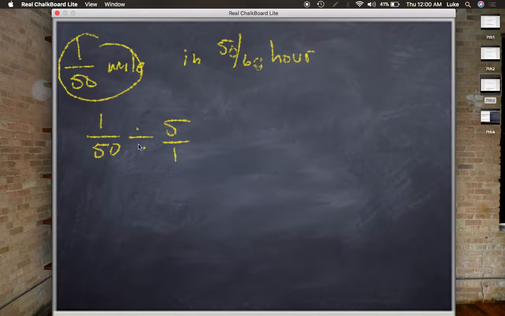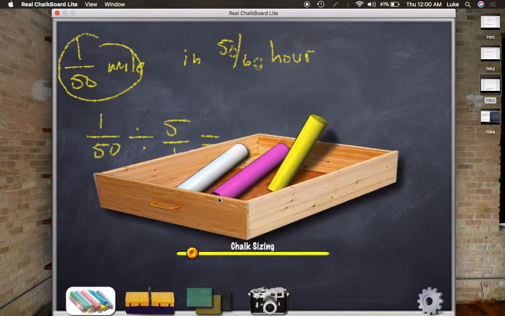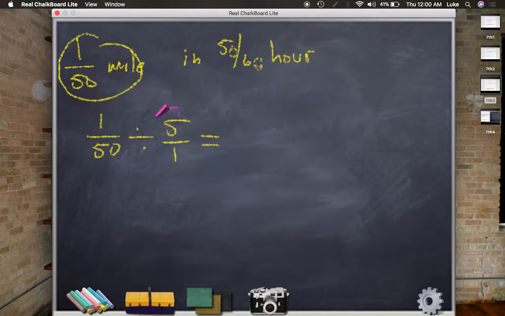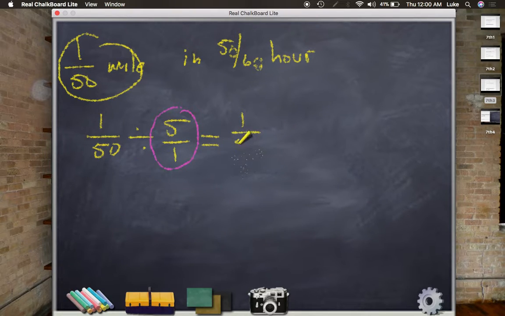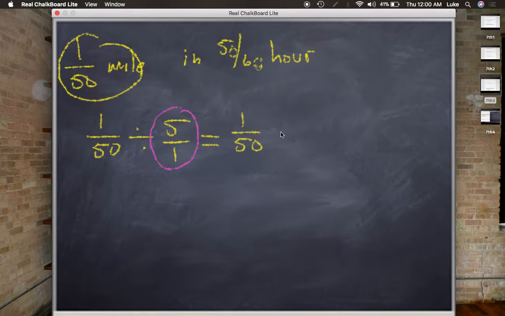Now, since we're dividing fractions, we have to use what we call the reciprocal of our 5 over 1 and make it into a much easier to work with multiplication problem. So if I take the reciprocal of 5 over 1, I multiply 1 over 5.